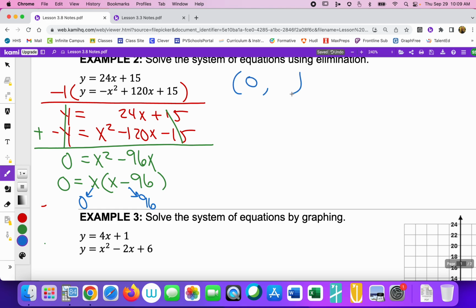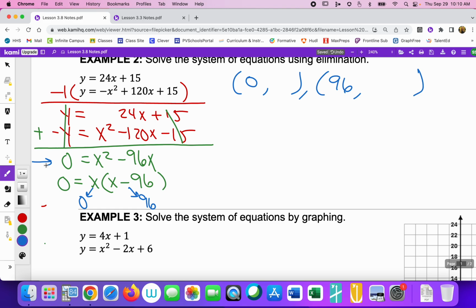So we have a 0 for one of them, and we have a 96 for another. And this is regardless if we use substitution or elimination. It will always come out the same. You can even graph it, it will come out the same. Now 96 would probably take you a long time. Okay. So the elimination was just to get it to here. Alright. If you want to use substitution instead, you have permission to.